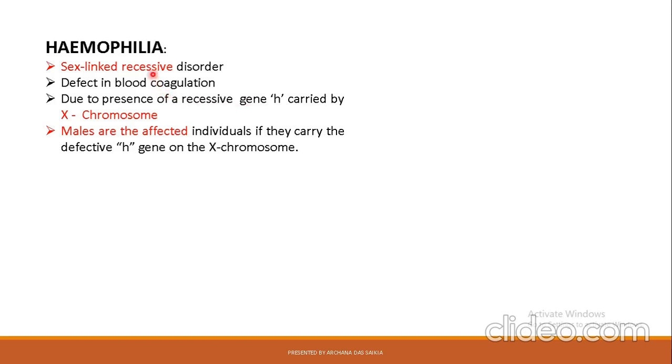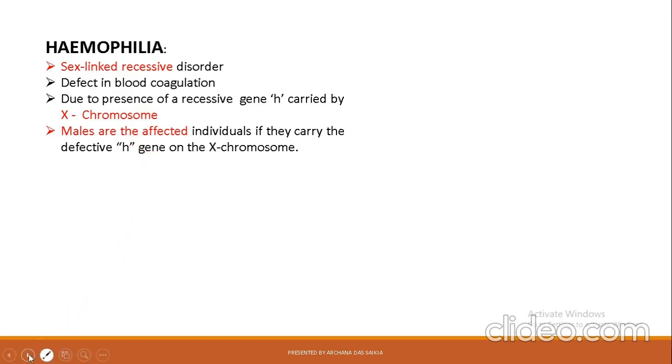As the gene is recessive, the female will not show the symptoms of the disease, though the gene is located in her body. But in case of males, what happens? Males have one X chromosome and one Y chromosome.